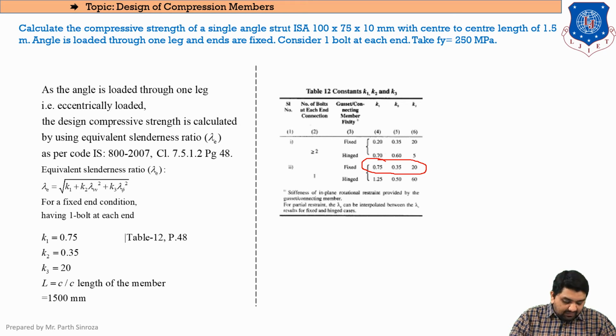In this case, k1, k2, k3 come out to be 0.75, 0.35 and 20. And the center length is given in the question, that is 1500 mm. Center length, that means our effective length. If the effective length is already given in the question, there is no need to find it again. So now we'll be focusing on the next two parameters that were lambda vv and lambda phi.